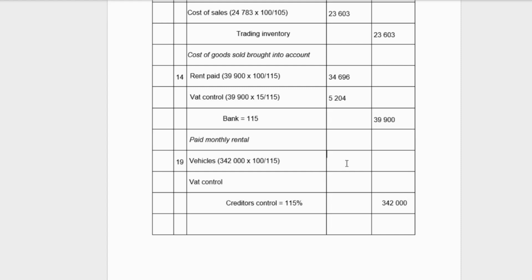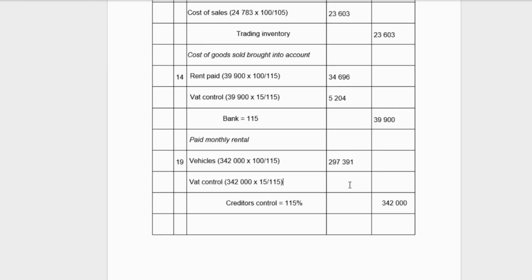When I put it in my calculator, I am getting 297,391. And then our VAT is going to be 342,000 multiplied by 15 out of 115, because this includes VAT.